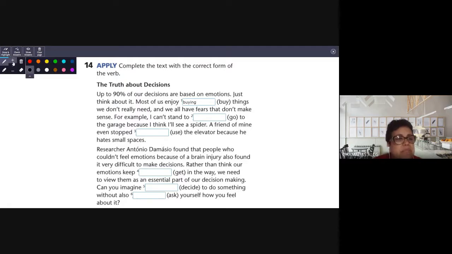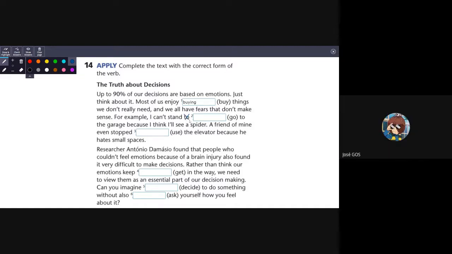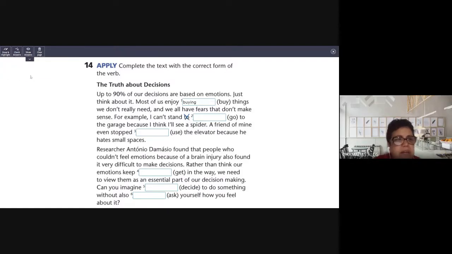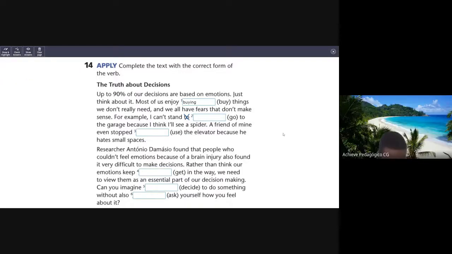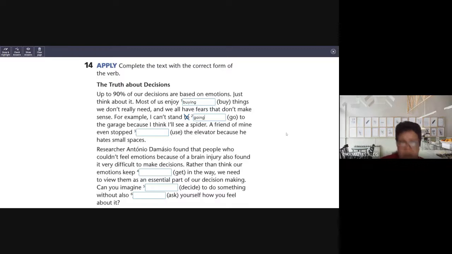So let's cross it out. Okay, this one is wrong. All right. So what did you put there, guys? Can't stand going. Okay. Going to the garage, right?